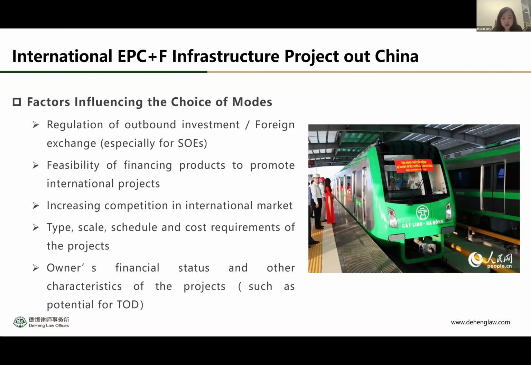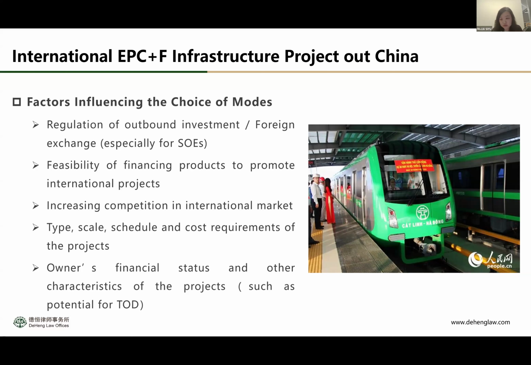There is also increasing competition in the international market, because the competition is more fierce. So many owners will request the contractors to also obtain the financing for them, or even provide it themselves. Then there are the type, scale, schedule, and cost requirements of the projects.